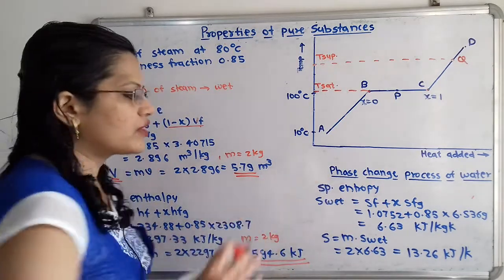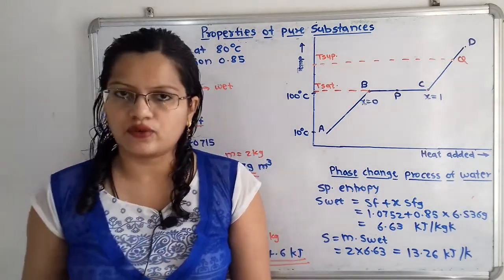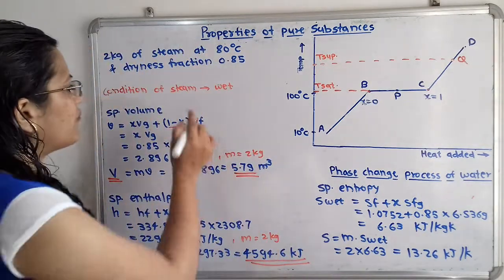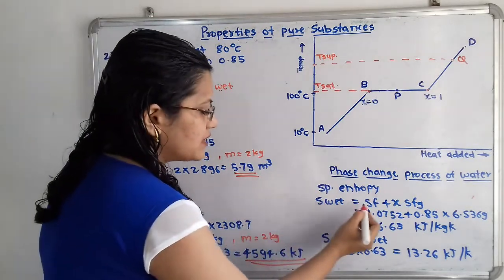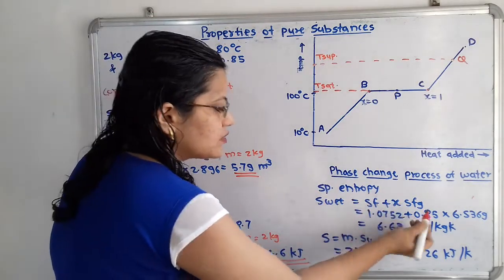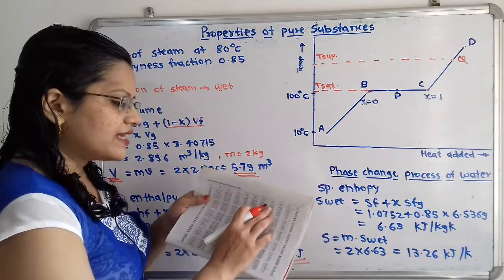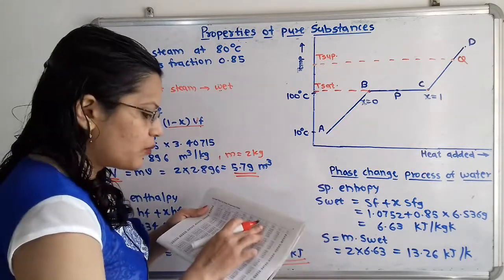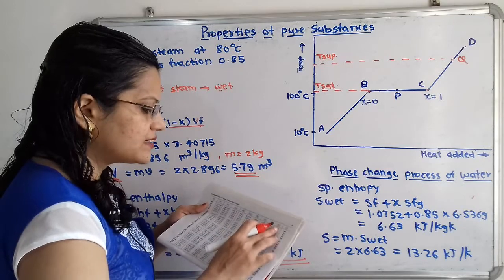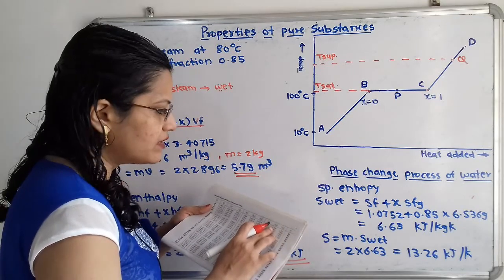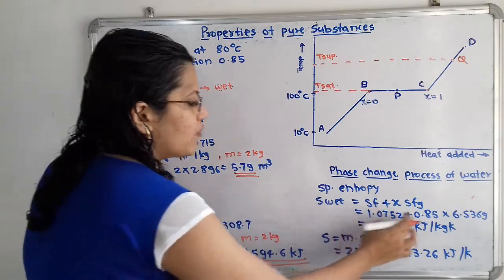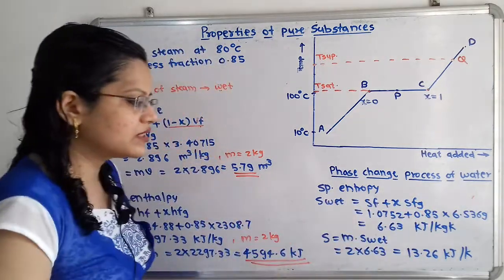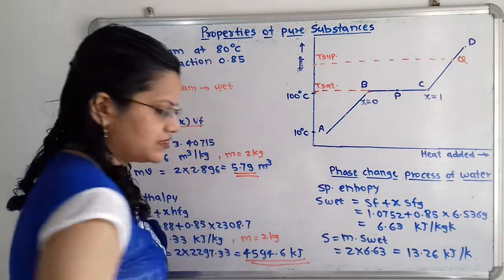Now we will move to the calculation of specific entropy. The formula for specific entropy of wet steam is s wet is equal to sf plus x into sfg. Here sf is given as 1.075 and sfg is given as 6.5369. We put the values with x, and the answer is 6.63.